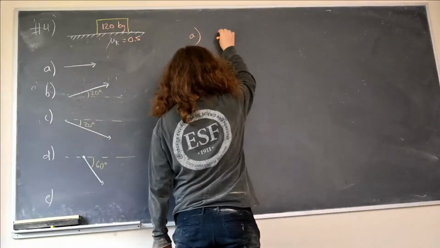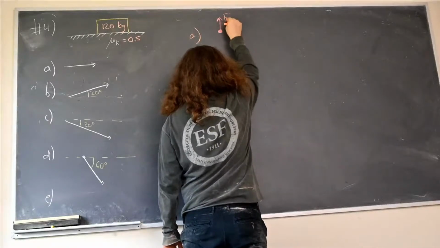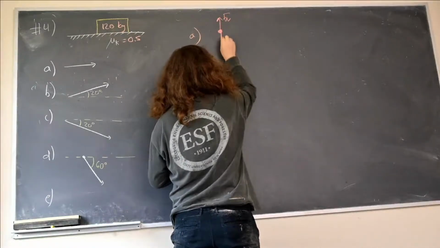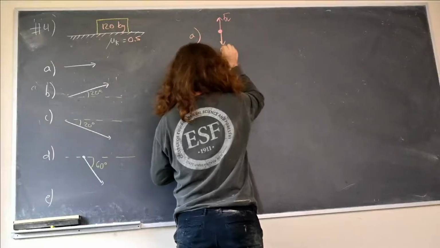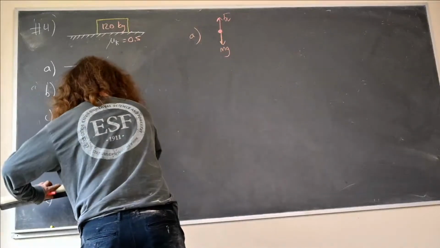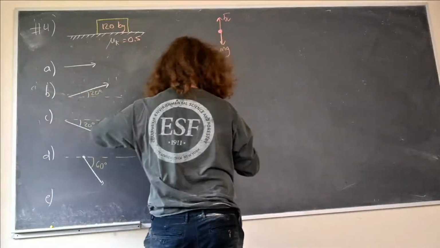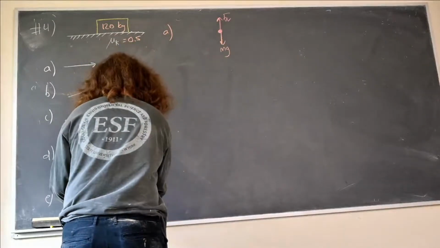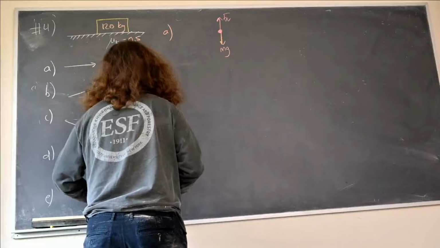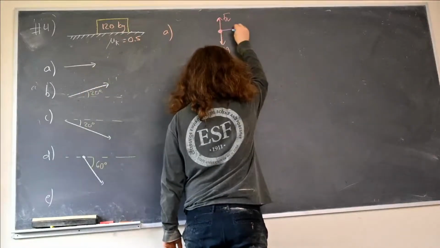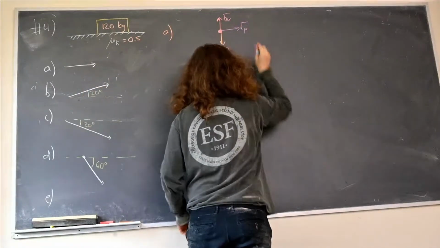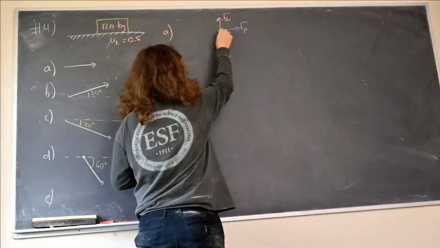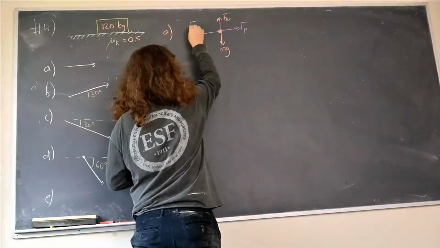Well, normal force goes up. Gravity goes down. We're pushing to the right, F push, and then friction goes to the left.